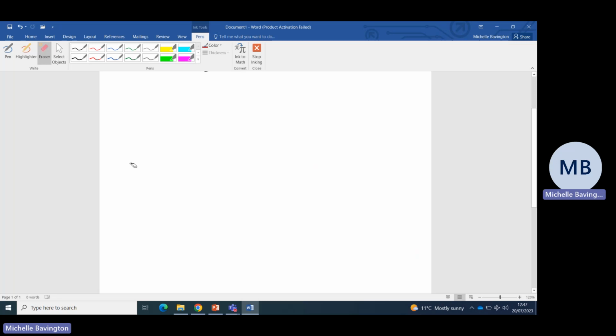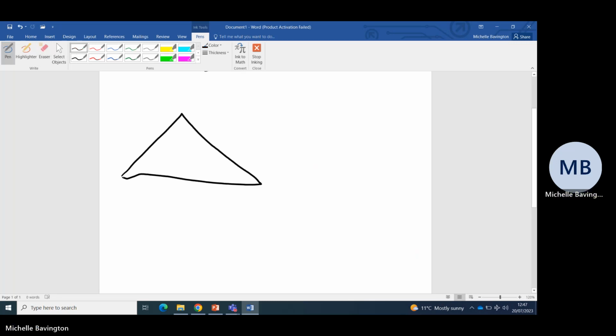So let's draw my triangle. We've got A, B, and C. We're looking for that one, so I know I'm going to have to press Shift at some point. We've got 8 meters, 10 meters, and 12 meters.